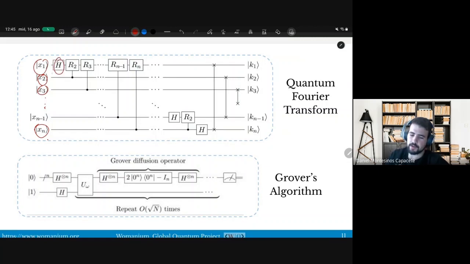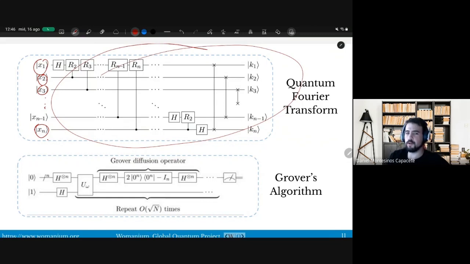This is a Hadamard operation. These are some type of rotation, and there is something that I have not yet explained, the operations that have a dot here. These are control gates. That's what I'm going to describe in the next slide. This is just how the quantum Fourier transform circuit could look.